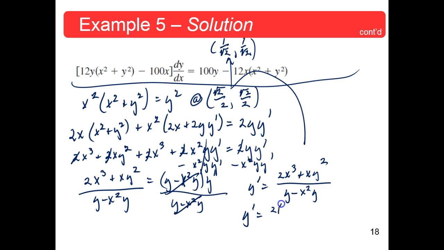Okay, 2 times 1 over square root of 2 cubed. Maybe not, but let's see. Minus 1 over root 2 times, well, what's 1 over root 2 squared?